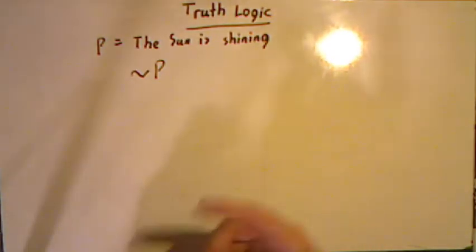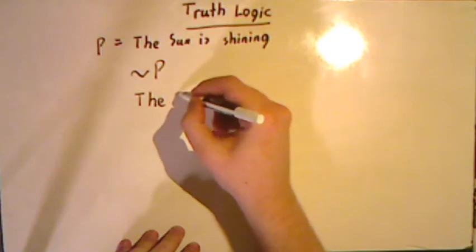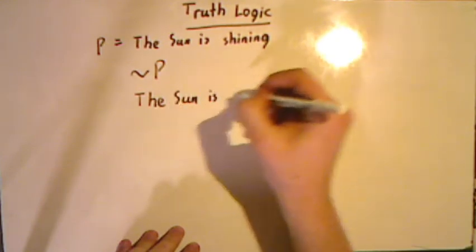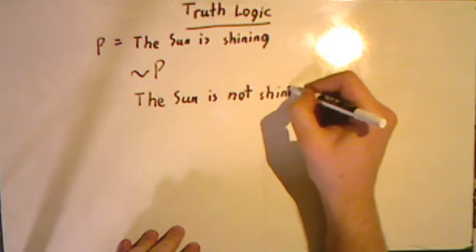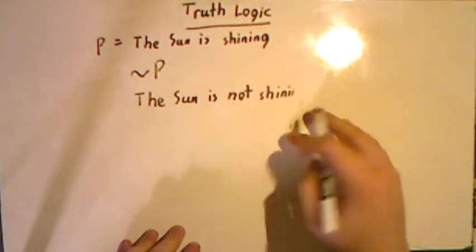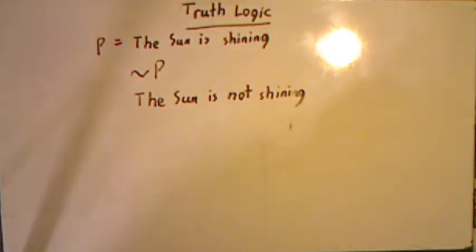Again, like I said, a little bit obvious where it goes. We're just trying to write the sentence now as a negative. The sun is not shining. And that's all it is that we're looking to get here.